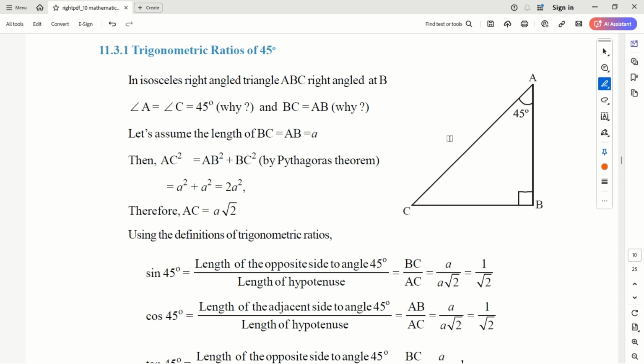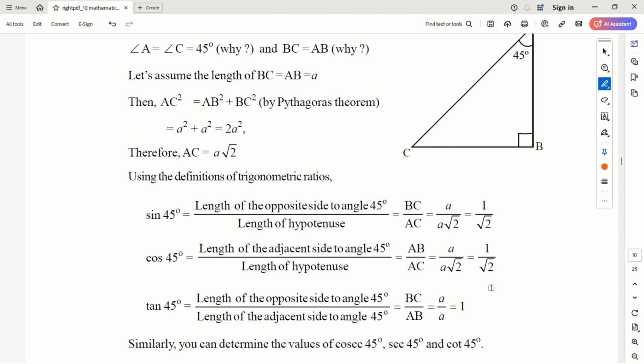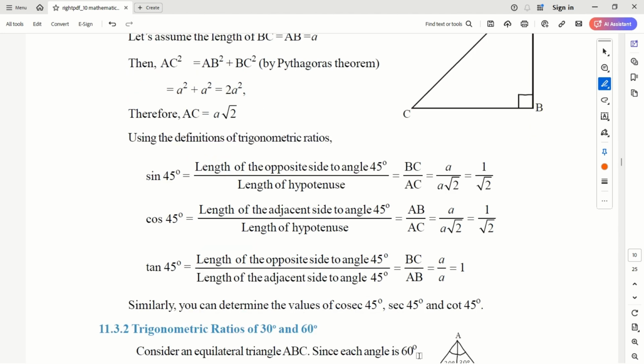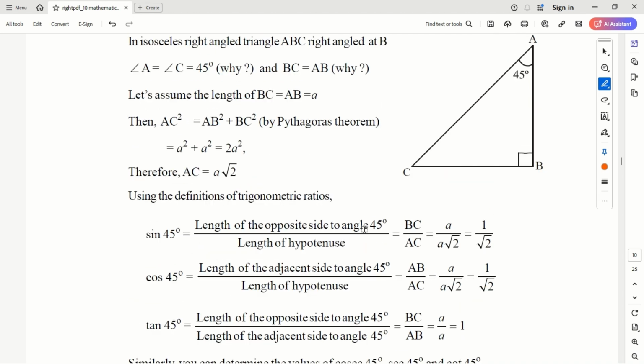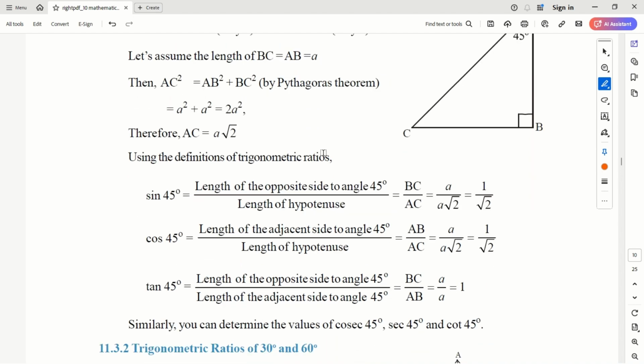Cos 45 is also 1 by square root of 2, and tan 45 is 1 by 1, which is 1. Similarly you can get cosec 45, sec 45 and cot 45, which are reciprocals of sine, cos and tan. So we now have the trigonometric ratios for 45 degrees, correct? This is the first one.